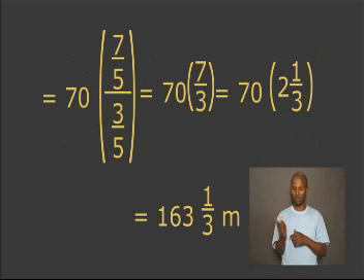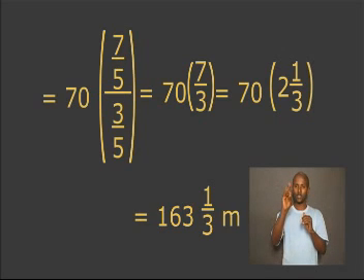We simplify the fraction to 7 over 5 divided by 3 over 5, which equals 7 over 3, or 2 1/3. 70 times 2 1/3 equals 163 1/3 meters, which is our answer.